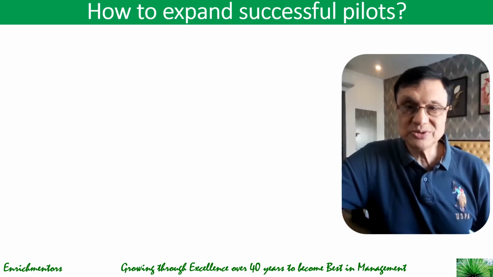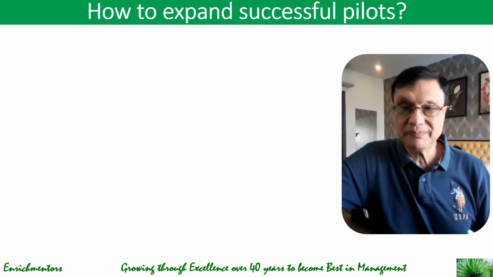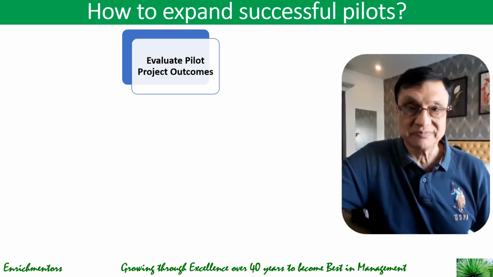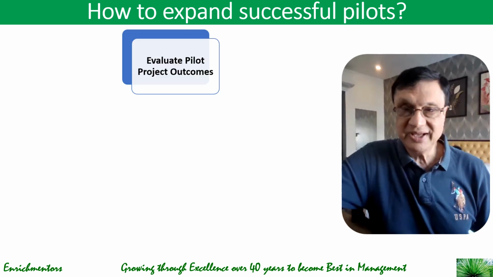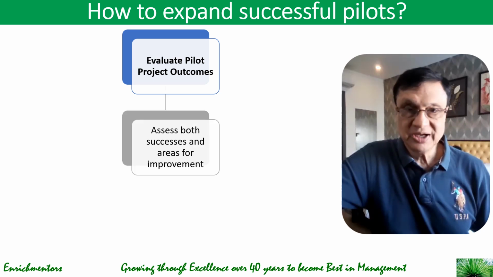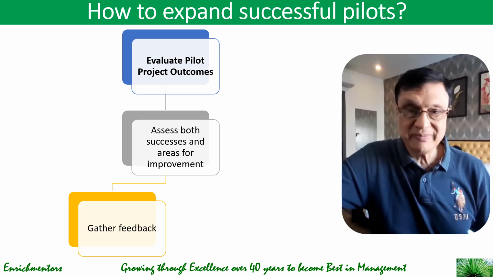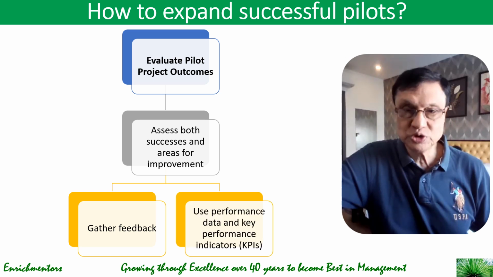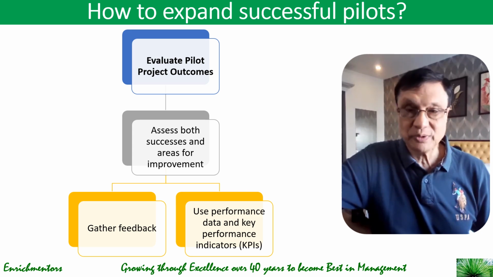The first one is to evaluate the pilot project outcomes. There you conduct a thorough review of the pilot project, assessing both successes and areas of improvement. To do that, you gather feedback from employees, managers and the HR team involved in the pilot, and also use performance data and key performance indicators, KPIs, to evaluate the project's success.